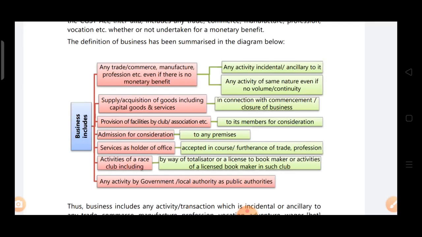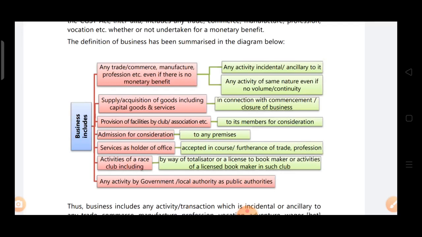Then the third one: business includes provision of facilities by clubs or associations. If a supply is made by a club or association to its members for consideration, that is included in business. Business also includes admission for consideration to any premises. If admission of any person is made to any premises and consideration is paid for that admission, then that is included in business.